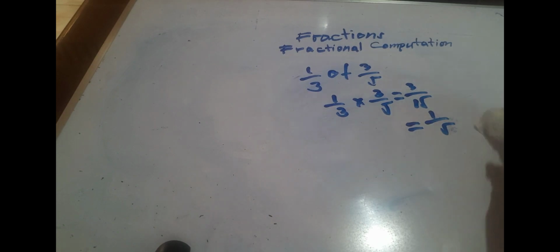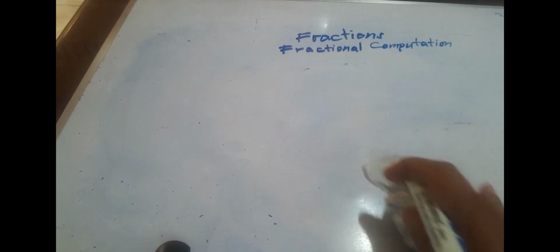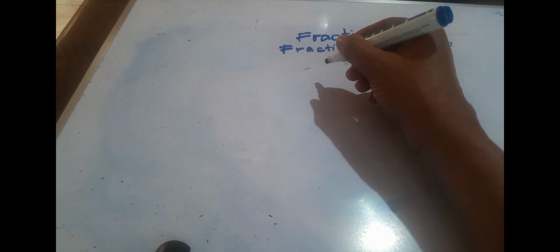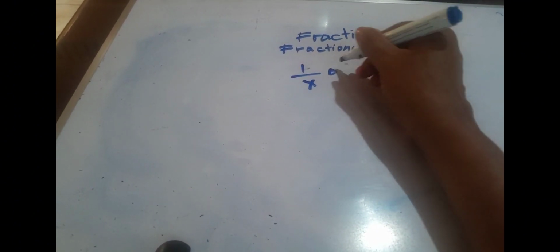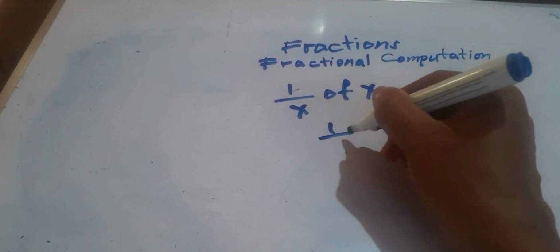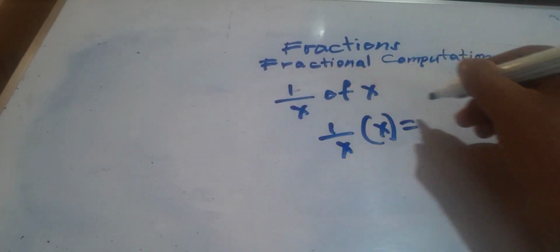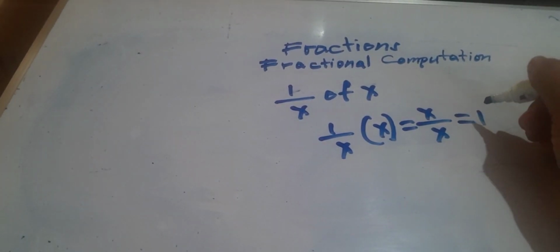Another example, and let us have the algebraic fraction. Let us say 1 over x of x. That is equal to 1 over x times x, which is x over x, equal to 1.